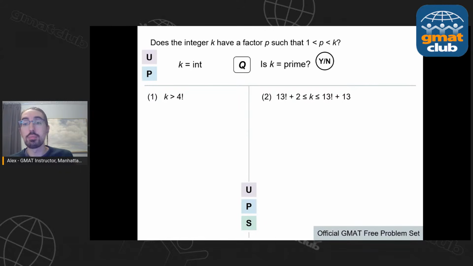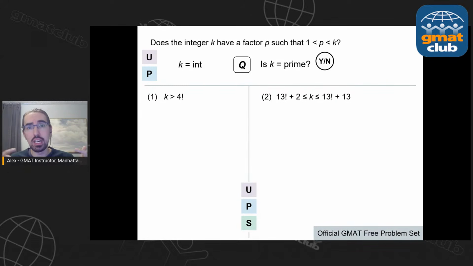And you can look back and see that that's basically the definition of a composite number, right? A number that has a factor that is not itself or 1, that is in between 1 and itself. So that's the question. Is k prime or is k composite? We know that it's greater than 1, so it has to be either prime or composite.